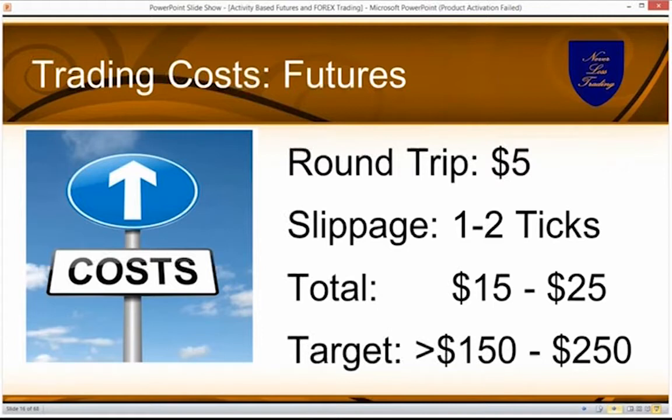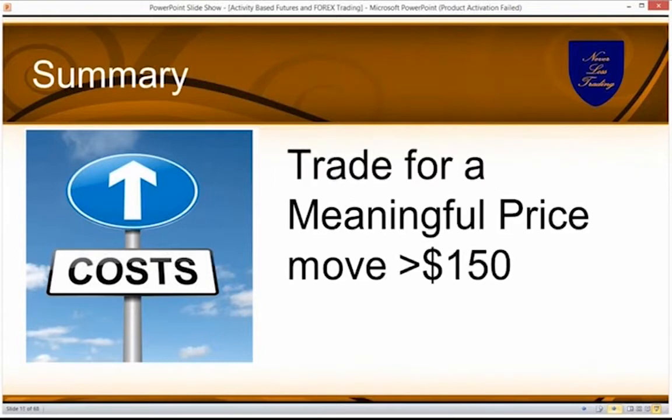Very dangerous. So back to the point, you have to trade for a meaningful price move. We're going to do that in summary. Meaningful is a move of a future, or a Forex pair, above $150 by our calculations, and we're an algorithmic house. We just want to share our knowledge and our way of trading with you.